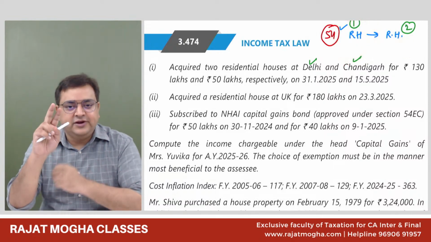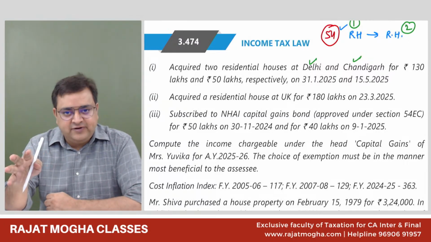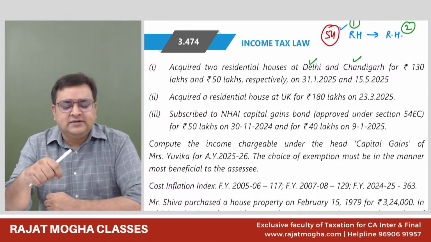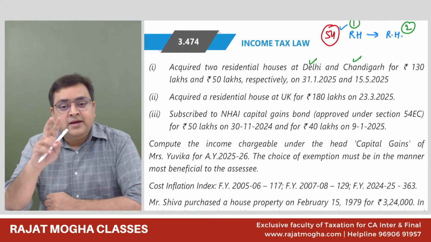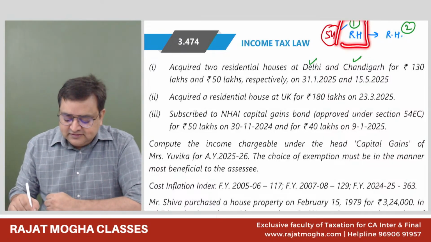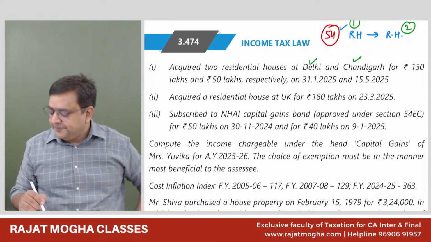Understood? So there are 2 points. First, it is only a once in a lifetime decision. If nothing is mentioned, we can take it, assuming he's taking this once in a lifetime decision. But the second, more important point, is that the capital gain on the original house should not be more than 2 crores. Correct.